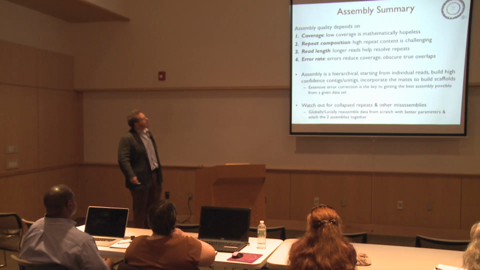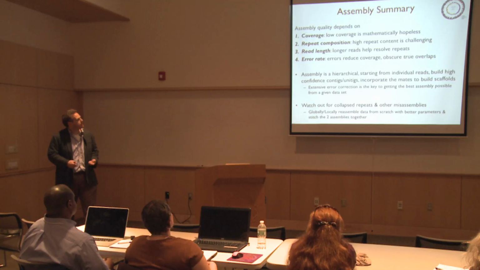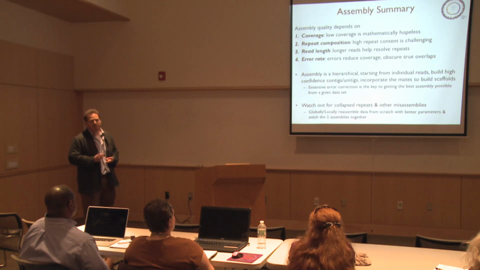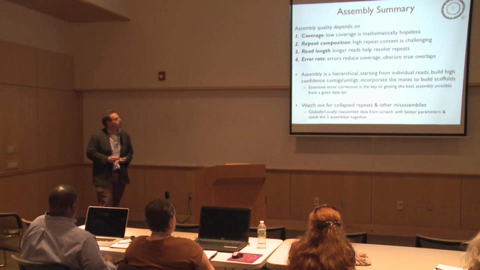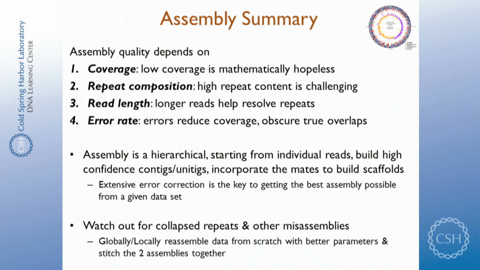So just to summarize, assembly quality very much depends on coverage. Your assembly and your transcriptome analysis is mathematically doomed if you do not have good coverage. The repeat composition of either the genome or the transcriptome, and the read lengths that you have present there, it's very much a relative relationship. The whole process is incredibly hierarchical, right?